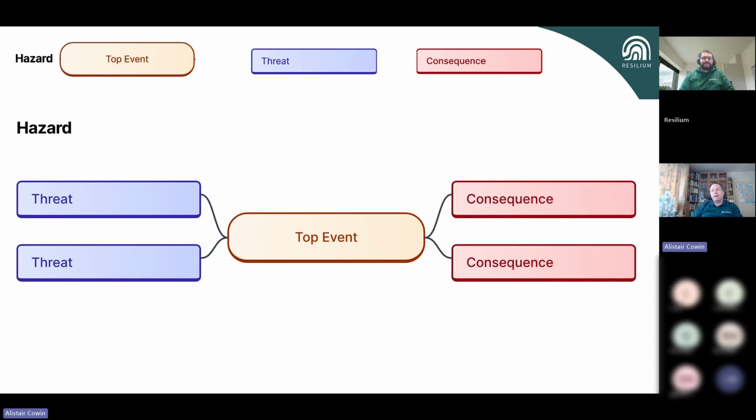This is where the real power, I think, of barrier thinking is if I understand what will lead to my loss of control and I understand the consequences, I can have a greater effect of managing this issue by managing the threat rather than trying to manage the consequence. By managing the threat, I am actually managing the consequence even better.